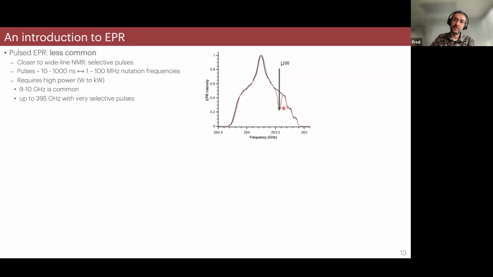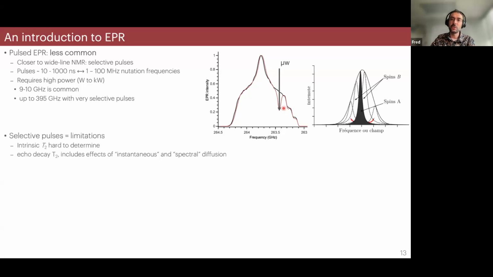And it turns out that this brings in some complications. For instance, when you excite the spins, they may talk to one another, or they may talk with the spin packets that are around. And if you measure, for instance, electron relaxation times such as T2, then the selective pulses can make things a little tricky because you have effects of instantaneous diffusion or spectral diffusion. This is this crosstalk that I just mentioned.